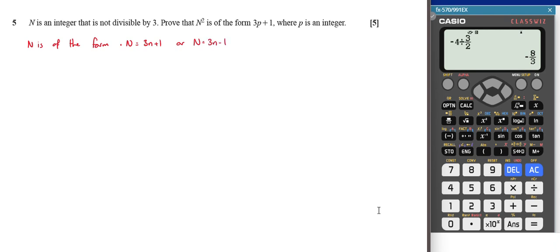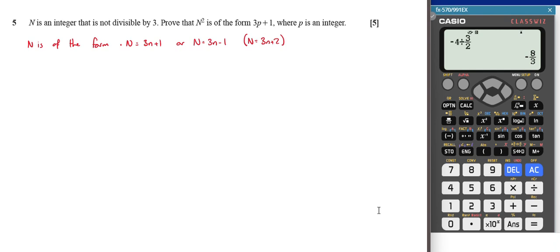That's the easiest way to do it. You could alternatively do it as 3m plus 2, and you could follow exactly the same steps as we're going to do, but the maths is just a little bit more complicated in terms of expanding.